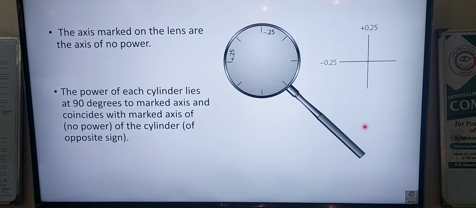The power of each cylinder lies at 90 degrees to the marked axis and it coincides with the marked axis of no power of the cylinder of the opposite sign. This is the axis of plus, which is marked as plus 0.25, but its power is actually acting here. So this is represented on the power cross like this. And this is the marked axis of minus 0.25, but actually its power is acting here. So that's how it's presented on a power cross.